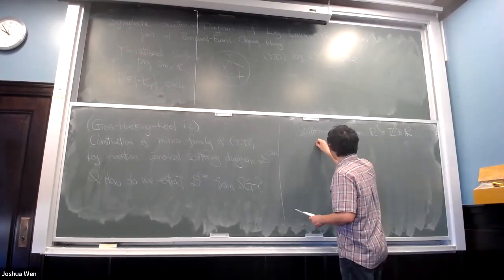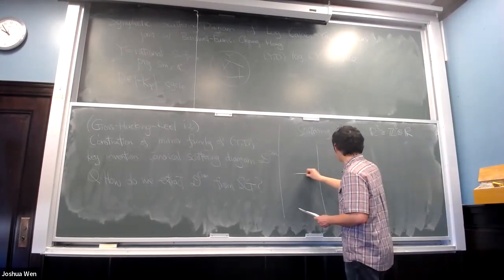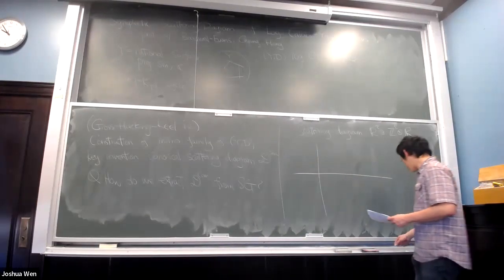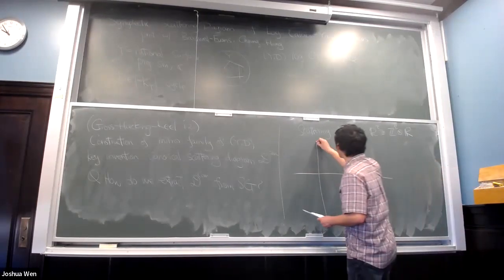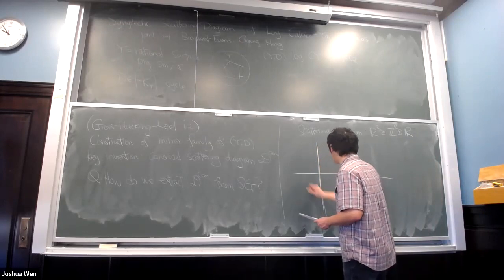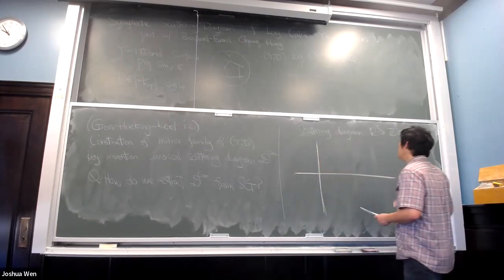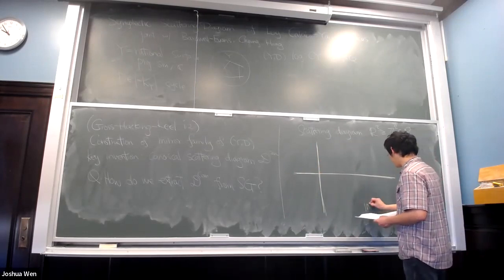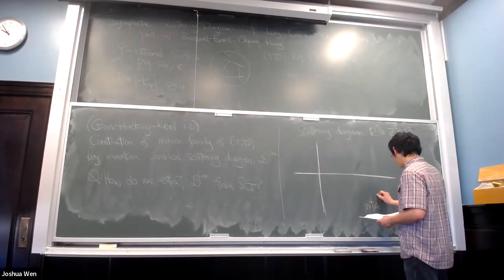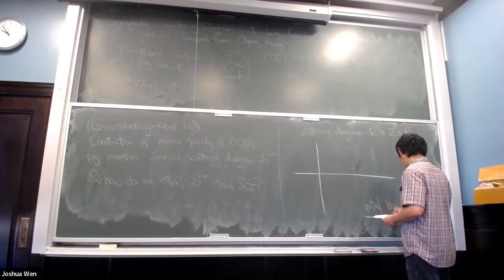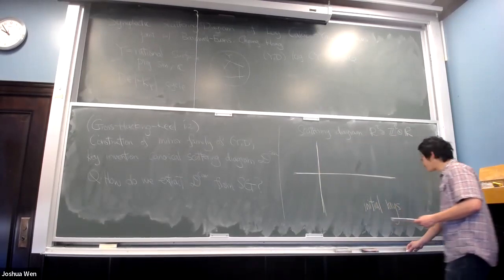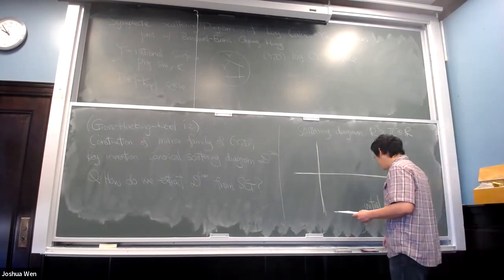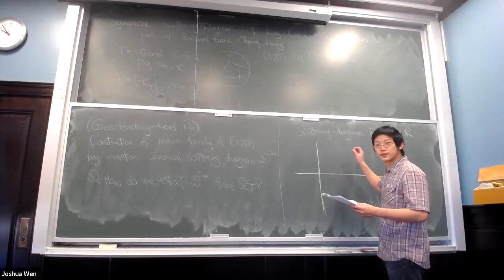First I will have some lines, which I call initial rays, although they are lines. And there are possibly some rays or not.